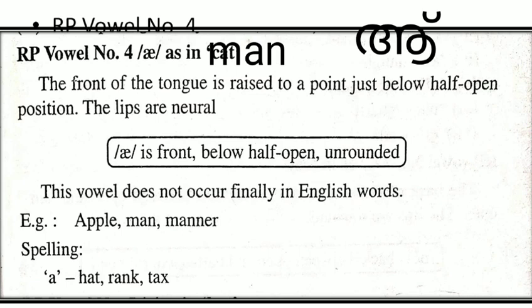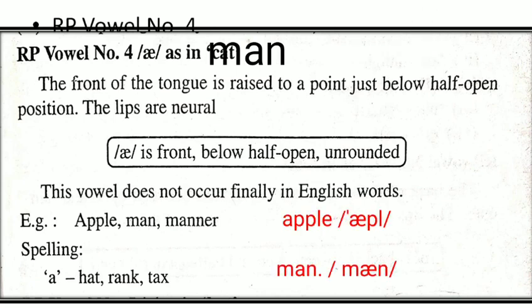A is a front vowel, below half open and unrounded. This vowel does not occur finally in English words, as in the case of the one just before. It comes in apple. A is used in the initial position, as in apple, and in man, it comes in the middle position. You have to transcribe these words as well.